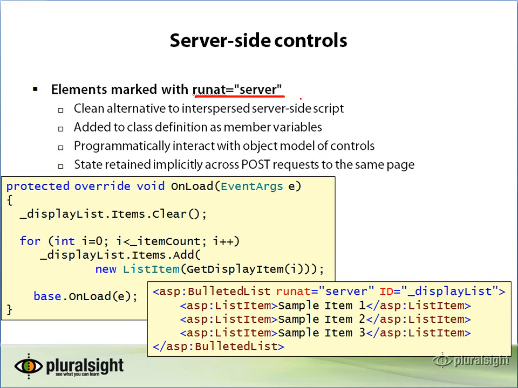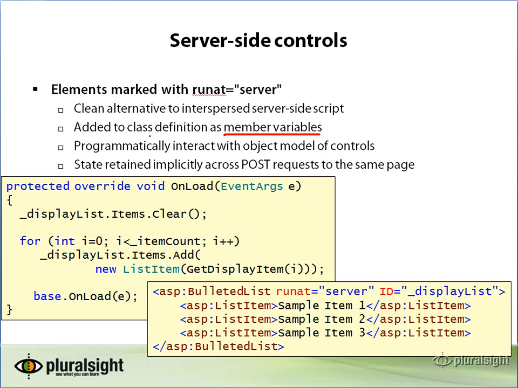And what this will do is give you a server-side member variable of a particular type associated with that control that is going to be added to your class definition. So that class that we saw that was automatically generated from the ASPX file is going to be augmented with a new member variable of a specific type that you can then programmatically access on the server instead of having to intersperse script notation to generate dynamic content.